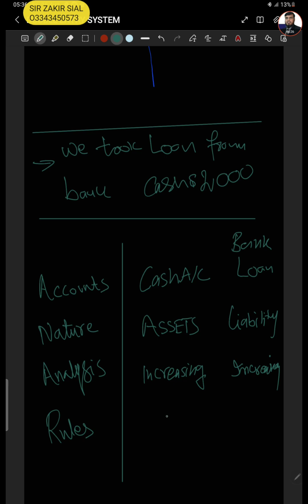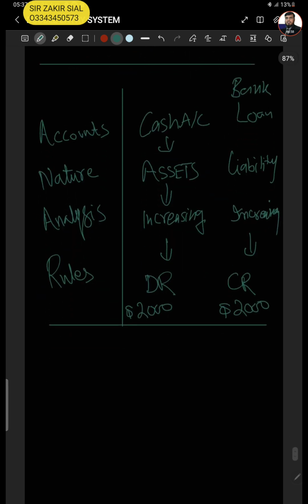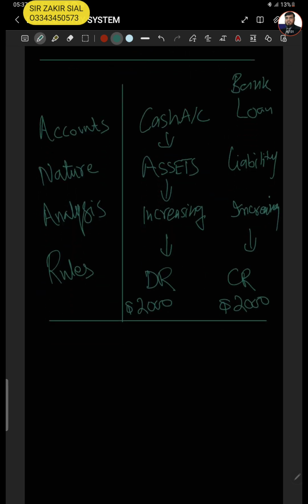When assets are increasing, we write on the debit side. So we will be writing 2000 on the debit side, and on the other hand, liability is increasing. When liability increases, we write on the credit side the same amount of 2000. Now we can pass this transaction in the T accounts.